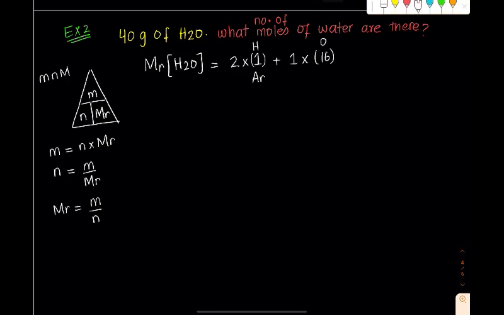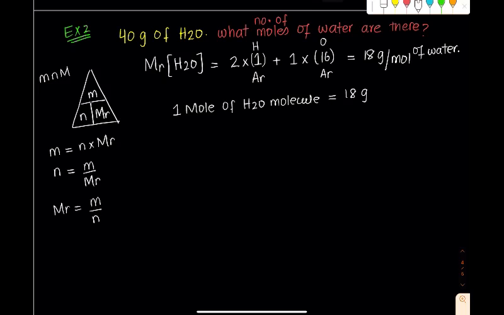This is AR of oxygen. So doing the math, we end up with the same 18 grams per mole of water, right? So 1 mole of water molecule is equivalent to 18 grams of water molecule.